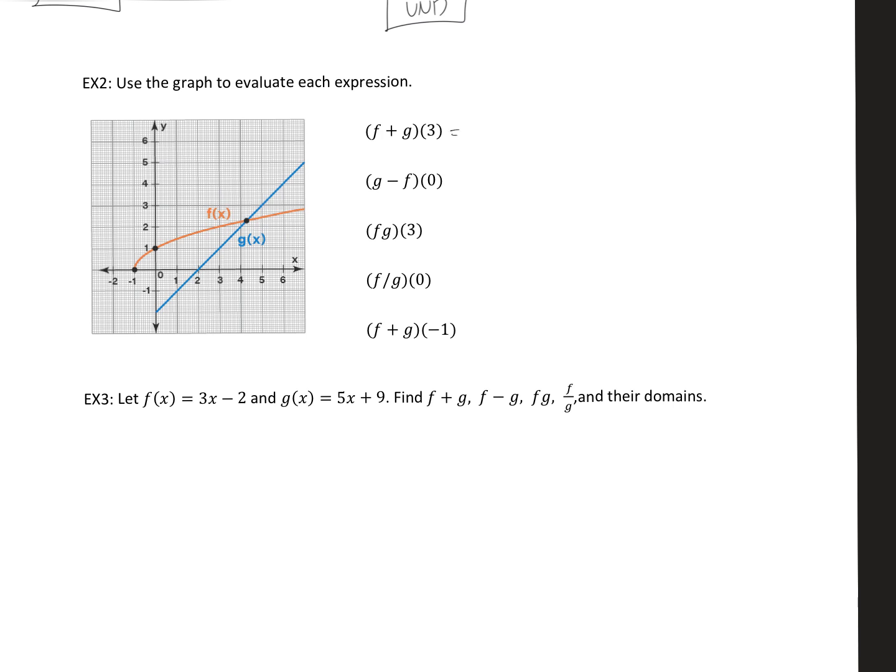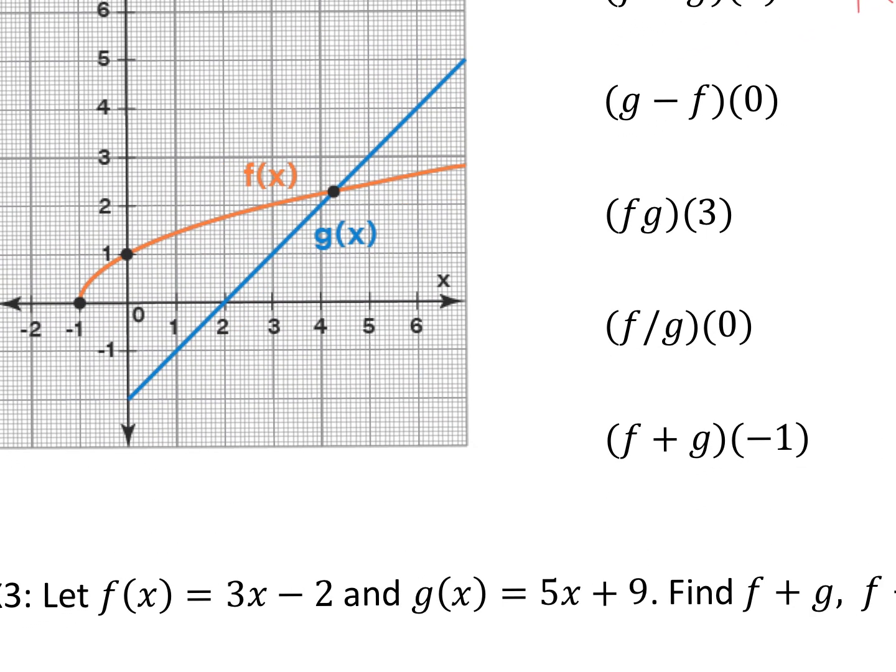So this time I'm going to go ahead and split these up. We're looking for f of 3, and then we're going to add to that g of 3. So let's go ahead and look at our graph. Again, these are our x values, and we're trying to find the matching y value. So when f is equal to 3, what is the matching y?